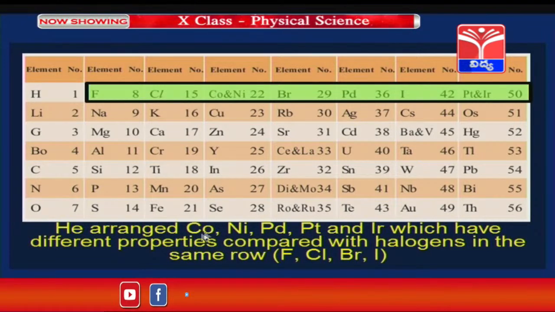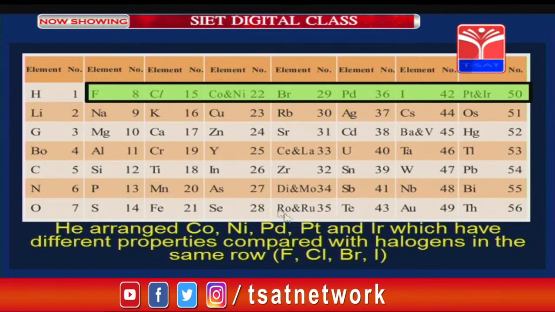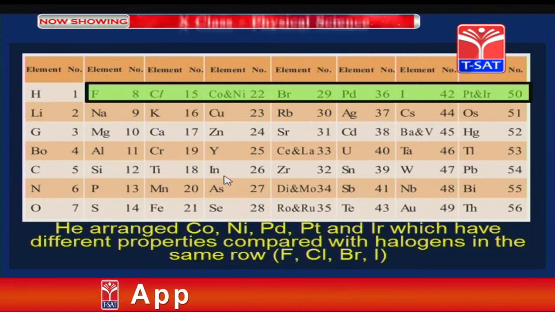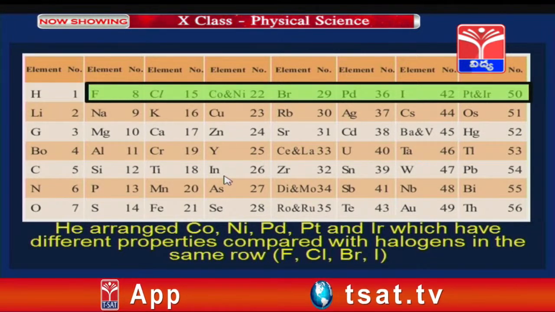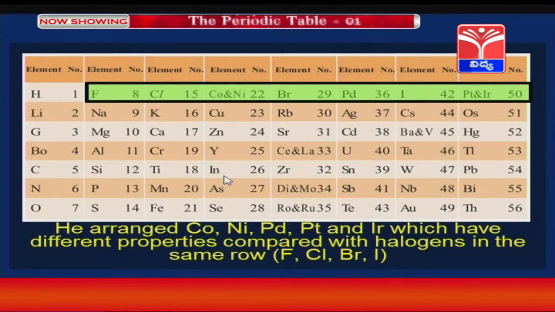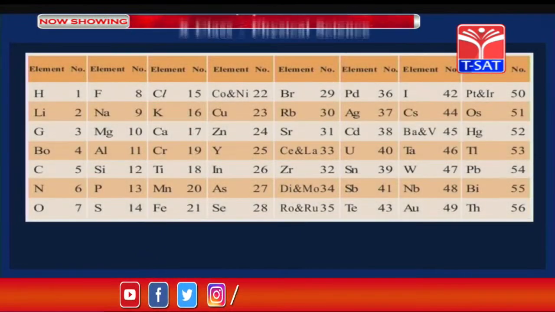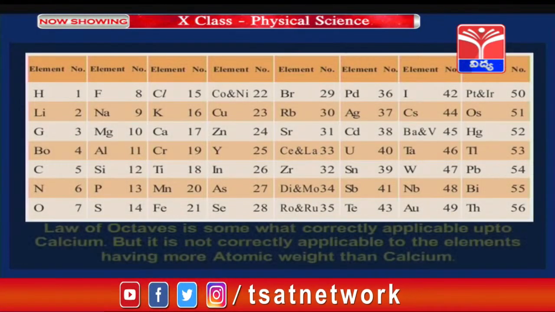Cobalt, nickel, palladium, platinum, iridium have different chemical properties. We should not incorporate like that. Elements having dissimilar chemical properties cannot be grouped together. It is the main limitation in Newland's law of octaves.